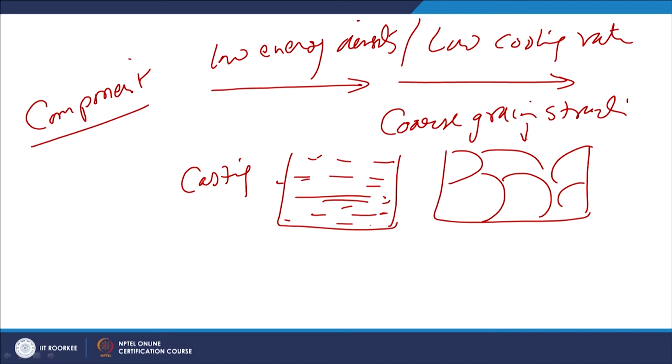And this kind of coarse grain structure, as per the Hall-Petch relationship, offers poor mechanical properties: yield strength is inversely proportional to the square root of the average diameter of the grains. So if the grain diameter is coarse, the yield strength will be lower, and if the yield strength is lower, then the material will have lower hardness. So, in general its wear resistance will be poor.